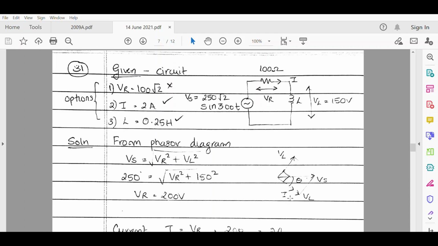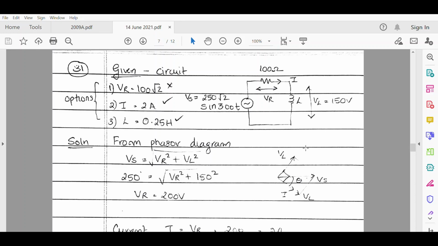Now the voltage across the resistance VR is shown over here. This has been wrongly marked as VL. It is in fact VR, and the voltage across the inductance is over here. It leads the current by an angle of 90 degrees, and this is equal to 150 volts.